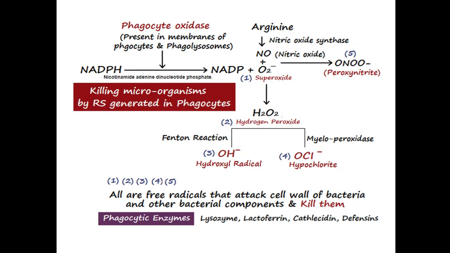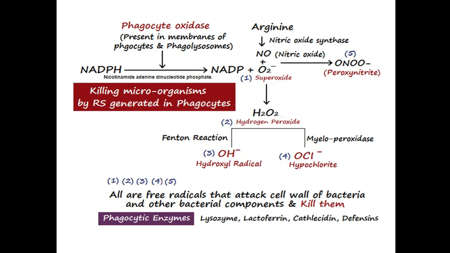Also, the free radical superoxide is converted into hydrogen peroxide. Hydrogen peroxide itself is a free radical, and it is converted into hydroxyl radicals through Fenton reactions in which free iron is involved, and it is also converted by the enzyme myeloperoxidase to hypochlorite, which is itself a strong free radical.